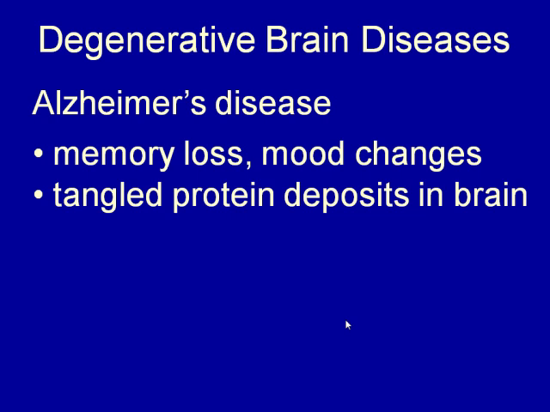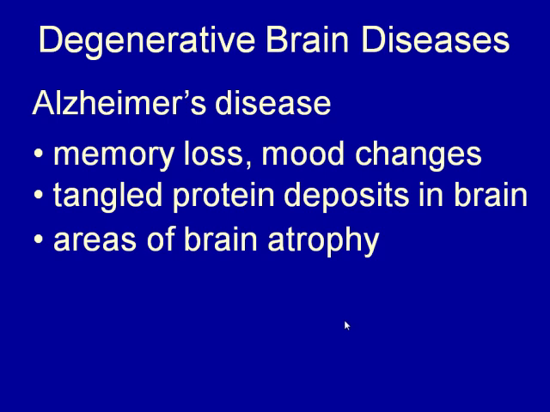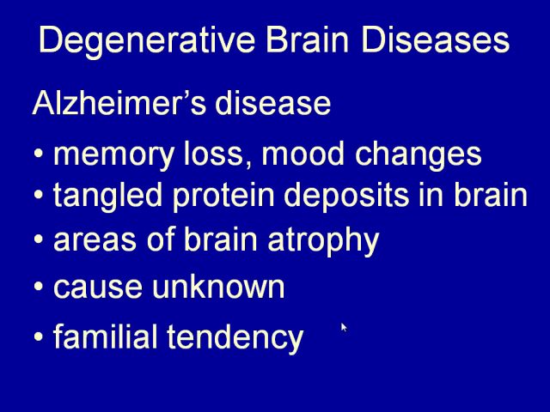We don't really know exactly what causes them. Areas of the brain atrophy, particularly those areas associated with memory. The cause of Alzheimer's disease at this time is unknown, but there is a familial tendency. They have isolated a couple of genes that tend to lead to the neurofibrillary tangles developing, but not all Alzheimer's has a genetic link.